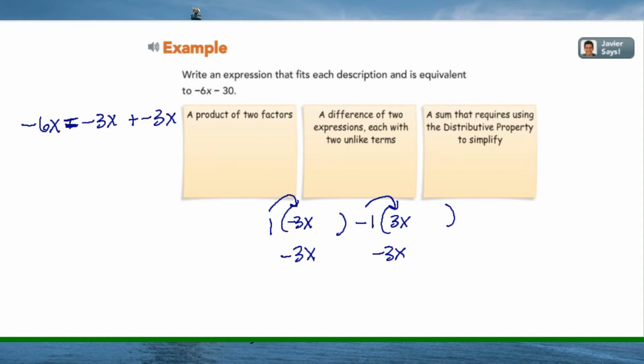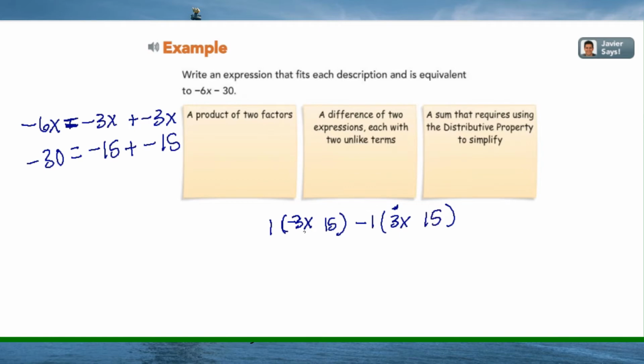So now I have to figure out how I'm going to separate negative 30. Well, there are several different ways you can separate negative 30. So I'm just going to separate it right in half. So I can do negative 30 as negative 15 plus a negative 15. So I'm going to put a 15 over here and a 15 over here.